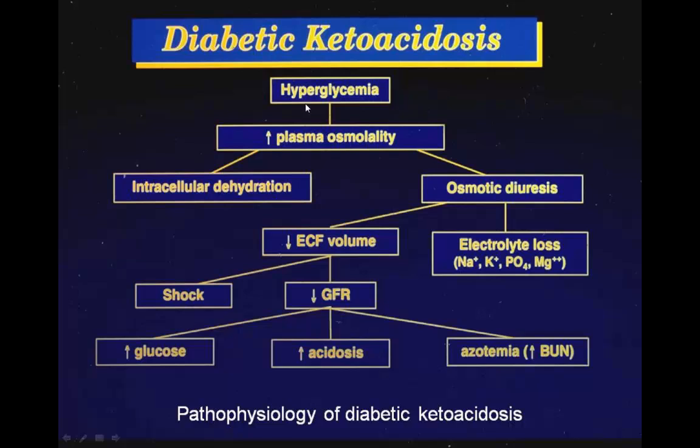So again, hyperglycemia per se will produce increased plasma osmolality, and that will produce not only osmotic diuresis but also natriuresis by excretion of sodium. So that would lead the cell into dehydration. Volume contraction, the patient will go into shock.